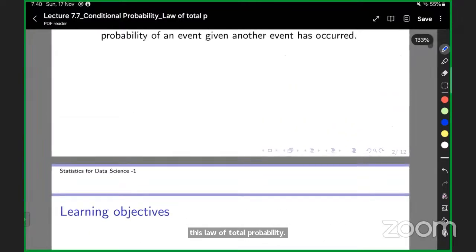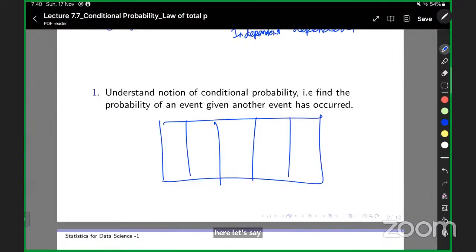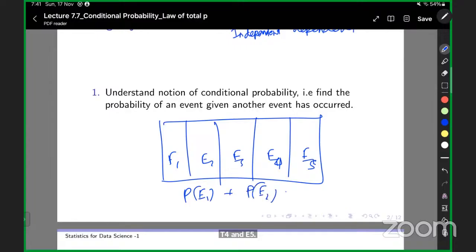Let's say this is a space, and there are several events happening here, but they should be exhaustive. I mean all these events are part of the universe and together comprise all of it. So if you sum them, say E1, E2, E3, E4, and E5, the summation of all the probabilities, P(E1) and so on till P(E5), should be equal to 1.